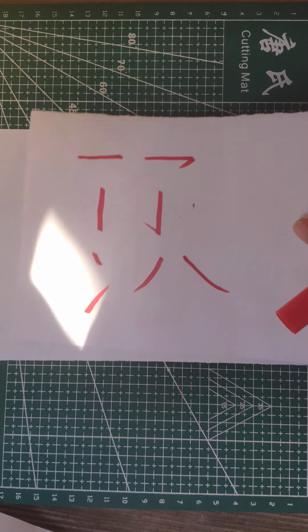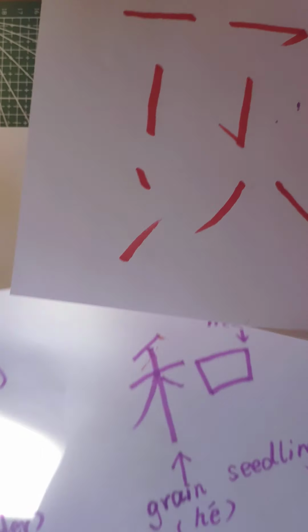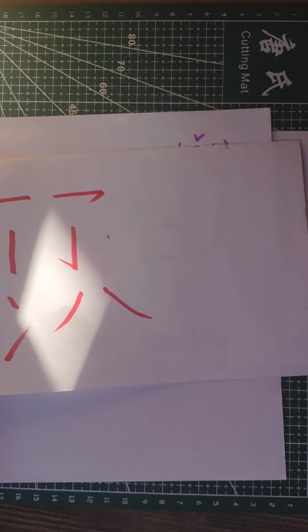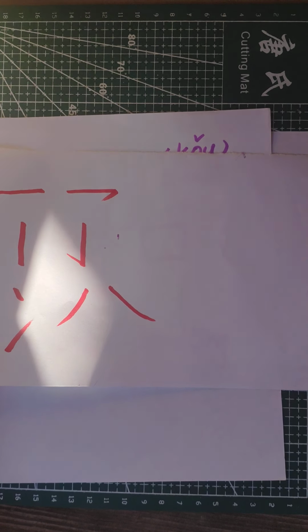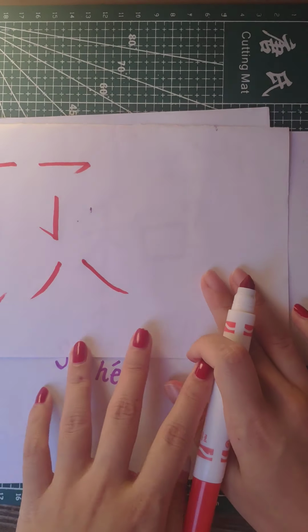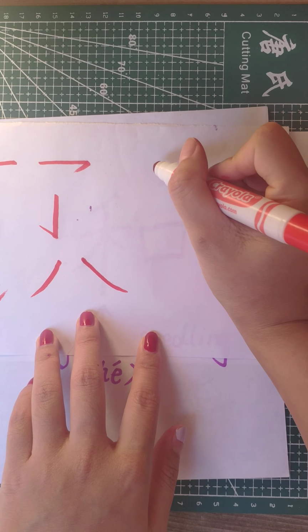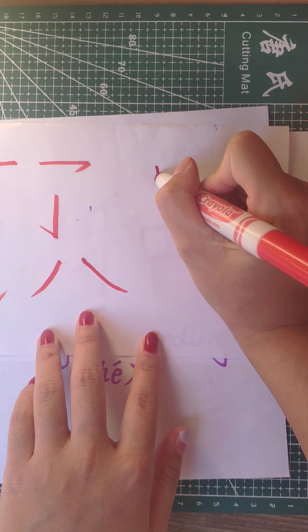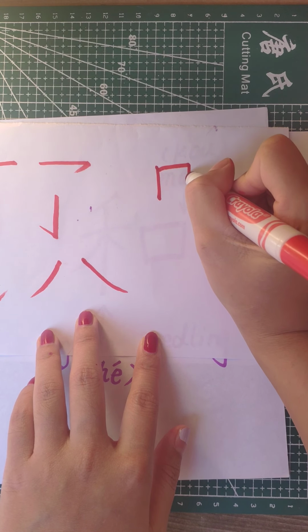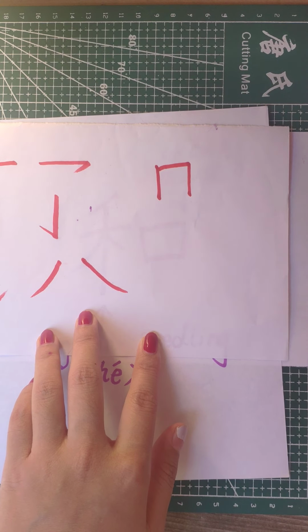So when you know the several basic strokes, you need to know the stroke order. The basic principle for writing Chinese character is from left to right. From left to right, for example, left and then right. Right?